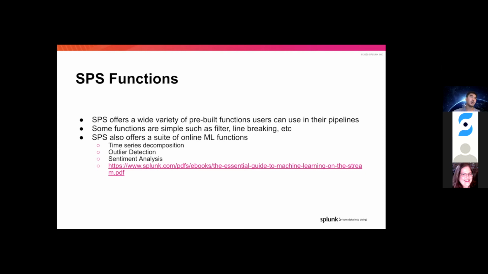But what is also cool is that SBS offers a suite of online machine learning functions, and we have a whole machine learning team dedicated to this kind of research, to bring machine learning to stream processing, which is honestly a new frontier. Some of the things we offer are time series decomposition, outlier detection, sentiment analysis, and a whole range of machine learning functions available to our users on our website as well.